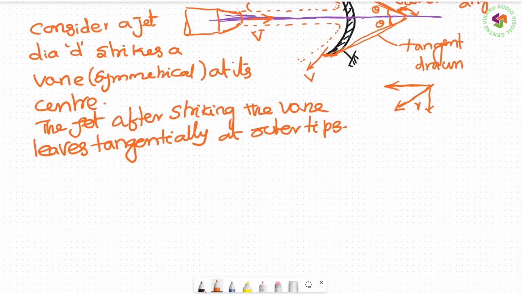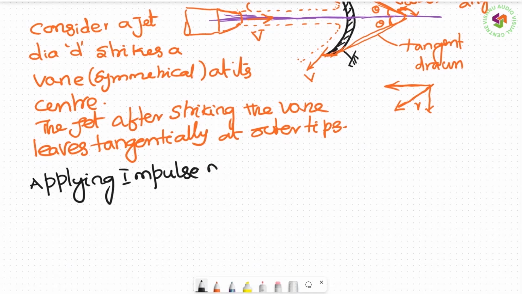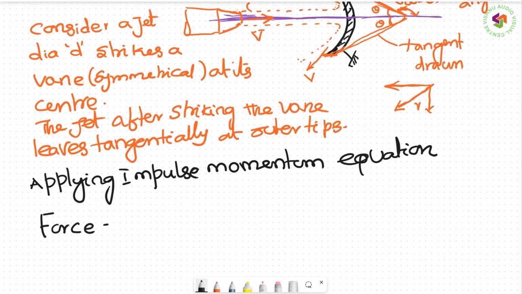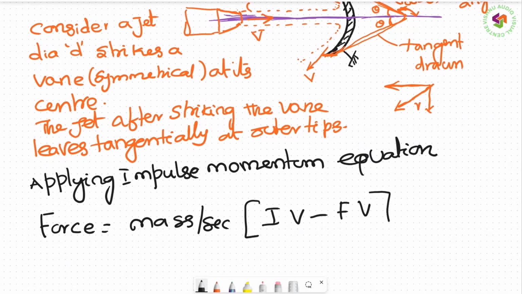Now, applying the impulse momentum equation, the force is equal to mass per second into initial velocity minus final velocity.